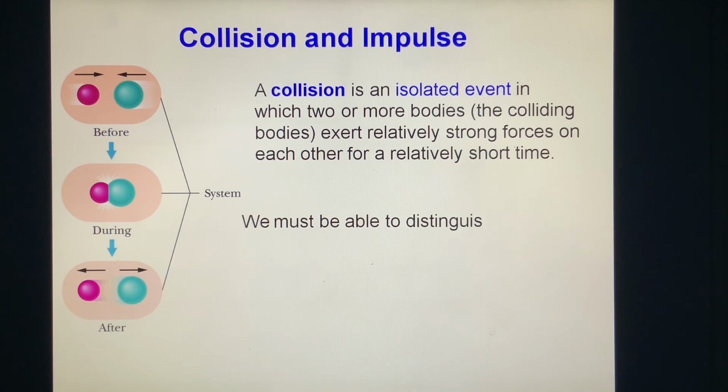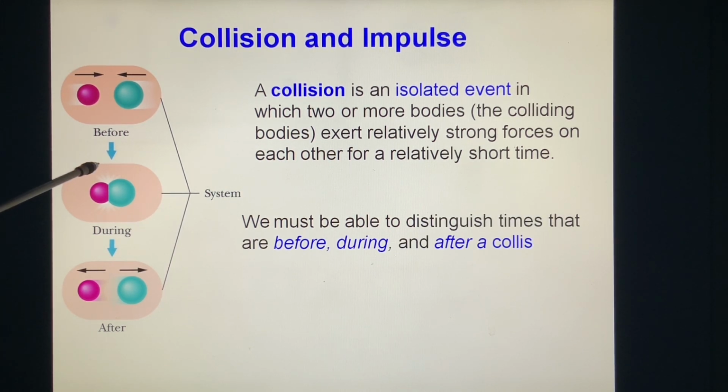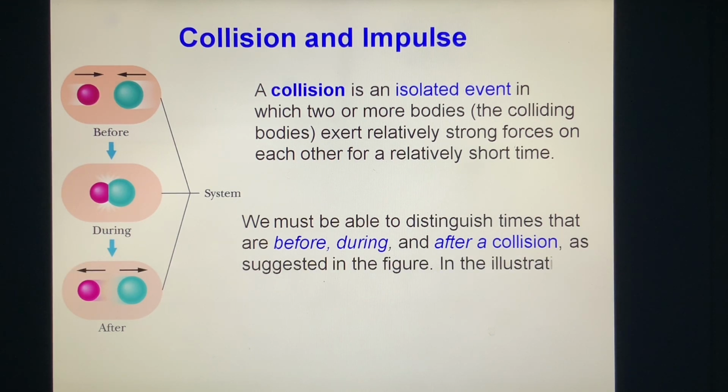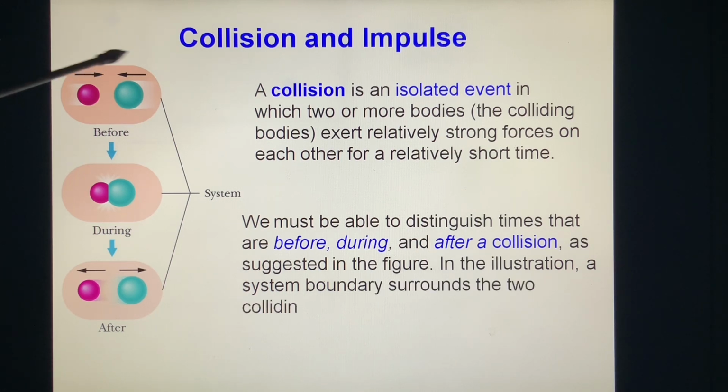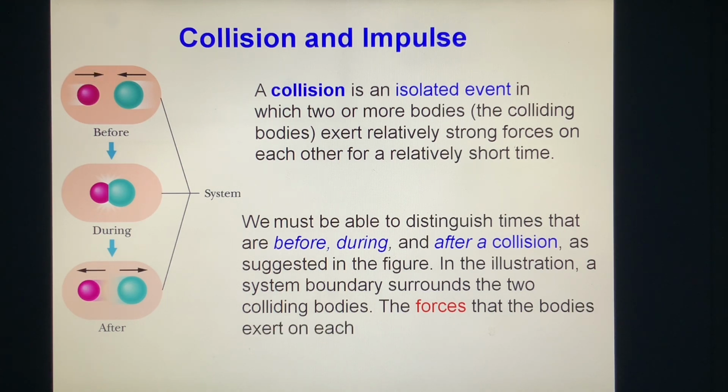We must be able to distinguish times that are before, during, and after a collision, as suggested in the figure. In the illustration, a certain boundary surrounded the two colliding bodies. The forces that our bodies exert on each other are internal to the system.